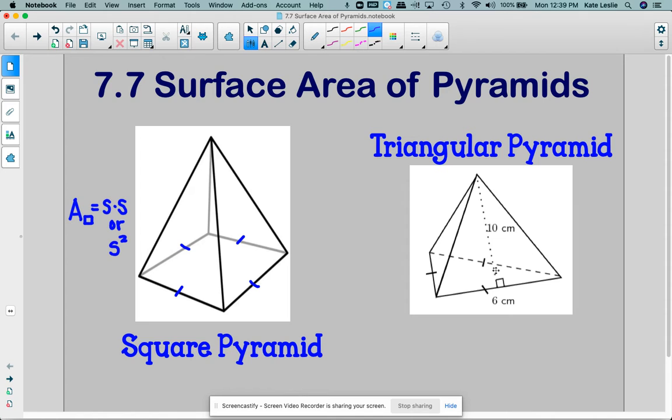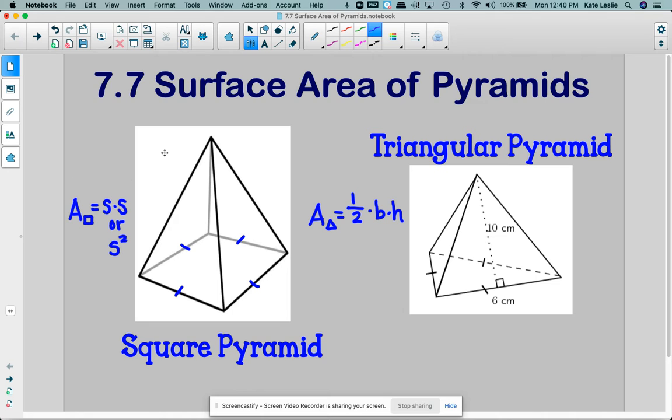This is where all 4 faces are the exact same triangle. So let's just review the area formula for a triangle, which is 1/2 times the base times the height. You will see these formulas in the formulas that are going to be coming up for surface area in just a moment.